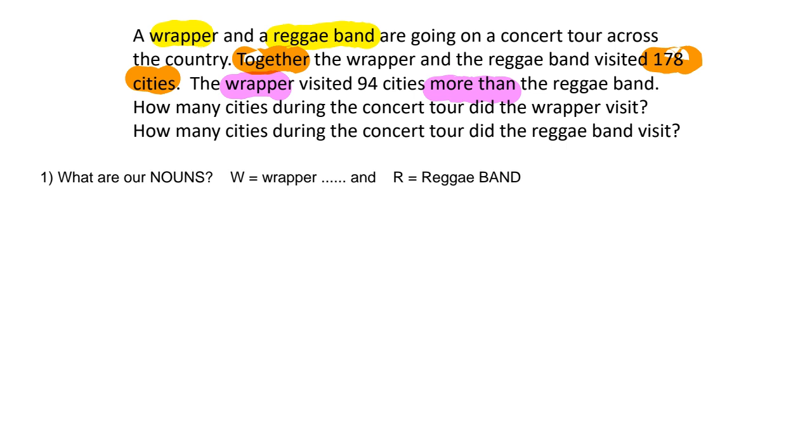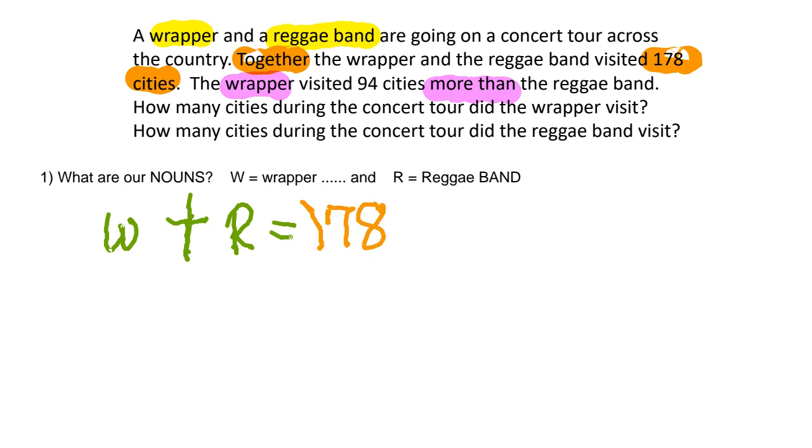Now that's the first sentence, the ones highlighted in yellow. They are our nouns. Now the second sentence, together. Well, together means I'm translating. Together means the reggae and the rapper visited 178 cities.